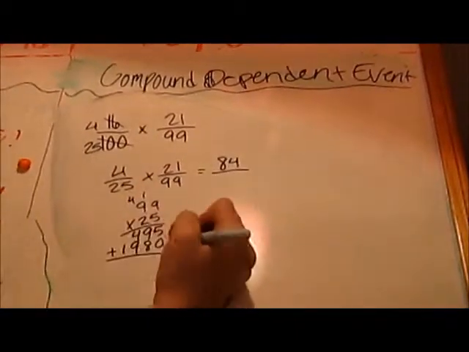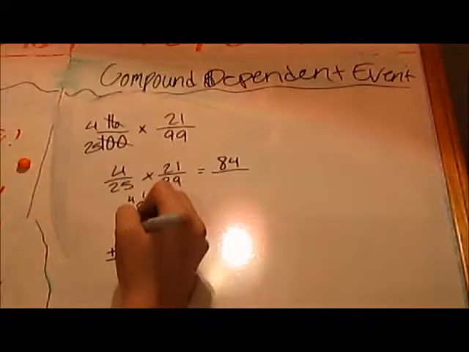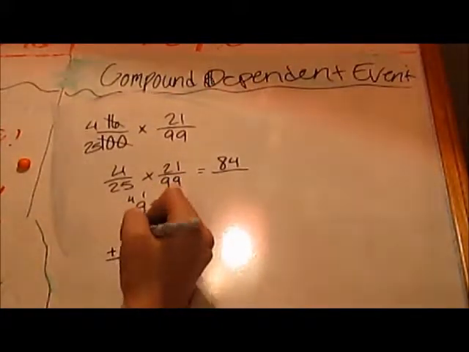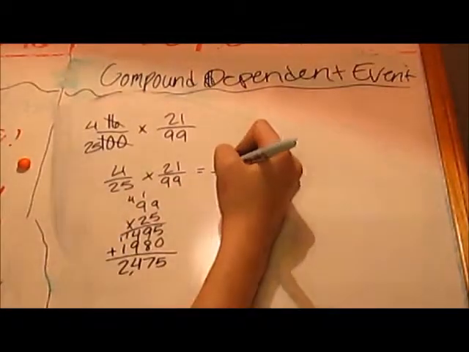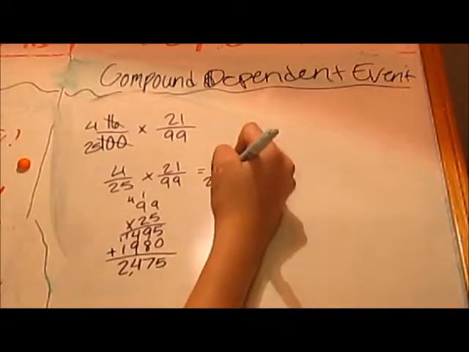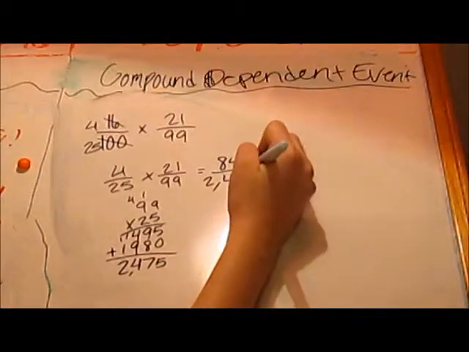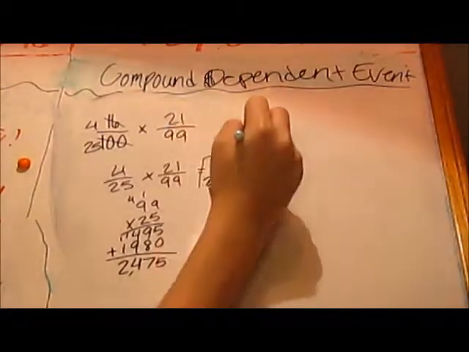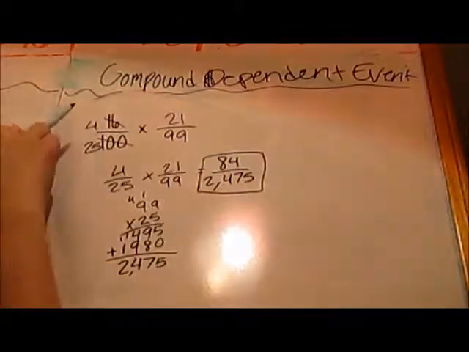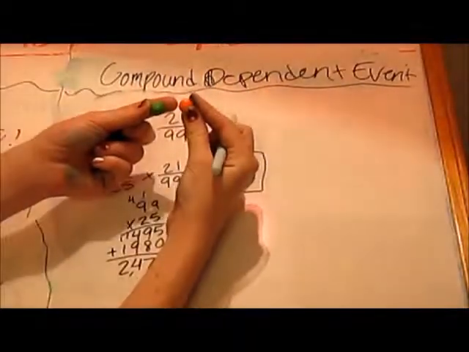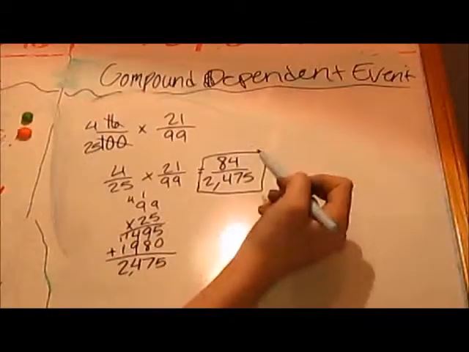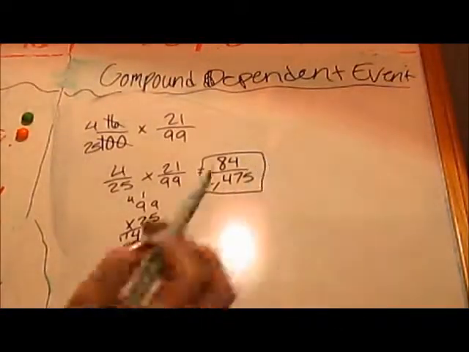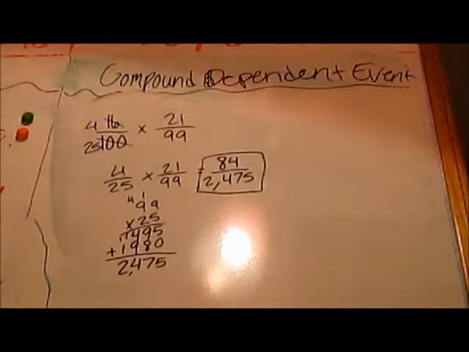And you're going to add this, and it's going to be 5, 17, carry the 1, 14, carry the 1, and your number is going to be 2,475. So your new probability, the probability of me grabbing these two Skittles without replacement is 84 over 2,475, which cannot be reduced any further.